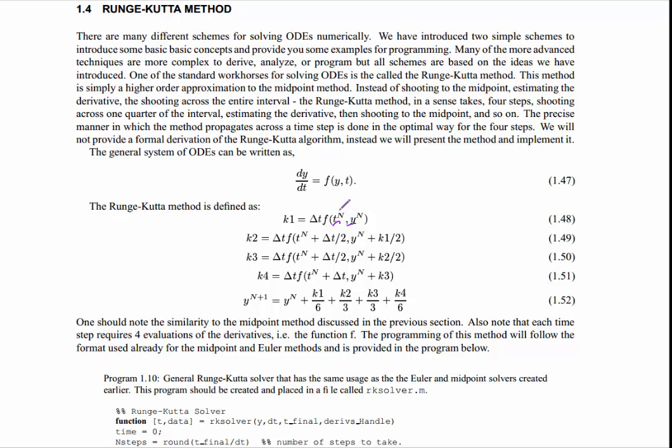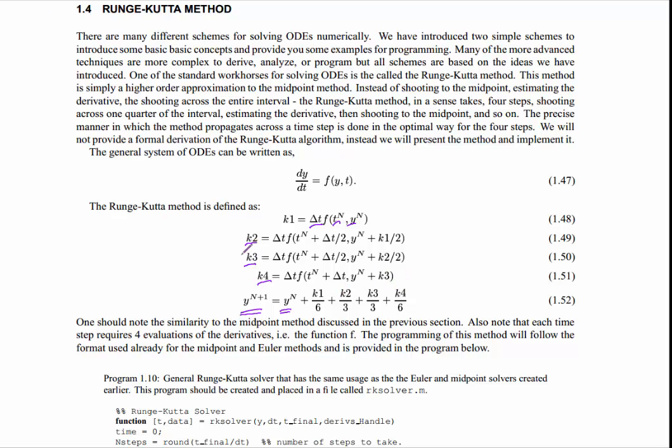First of all, you take a full time step. Then here you take another intermediate value. Use that to get another intermediate value, use that to get another intermediate value, and then your final estimate for the next y is the current y plus some average of these intermediate values.